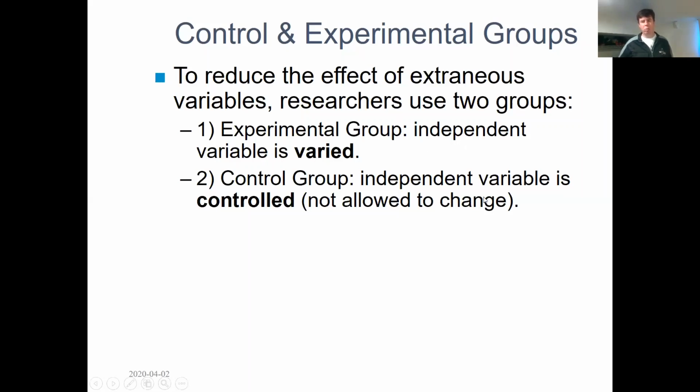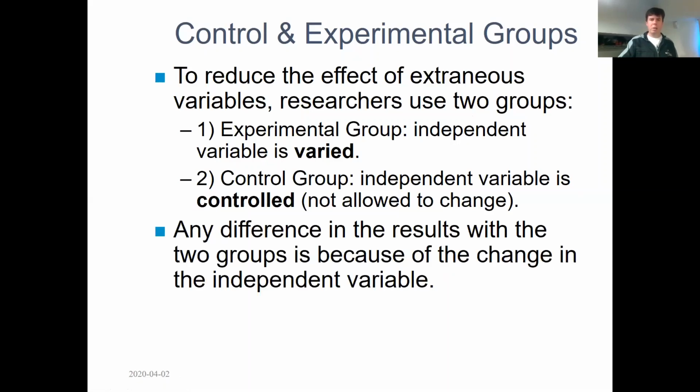Those people would have strict amounts of coffee or energy drinks or other caffeinated beverages that they would have to consume throughout the day. And your control group would have 0 caffeine. So no chocolate, nothing else that contains caffeine. And then you've done the experiment because everything else is controlled. Any changes that you see are a direct result of the independent variable, which in this case was caffeine.